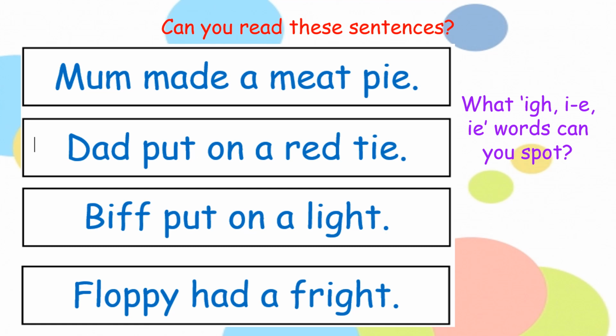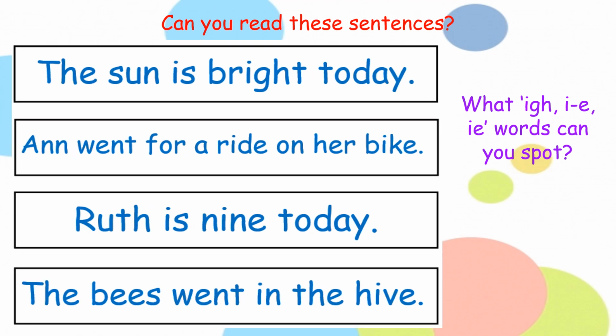Let's read some more sentences. Now I have even more sentences. I would like you to again pause the video here, have a look through the sentences and try and read them and see if you can spot the different I sounds. Superstars, now let's go through those sentences.